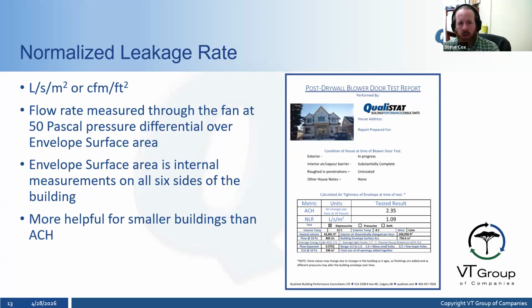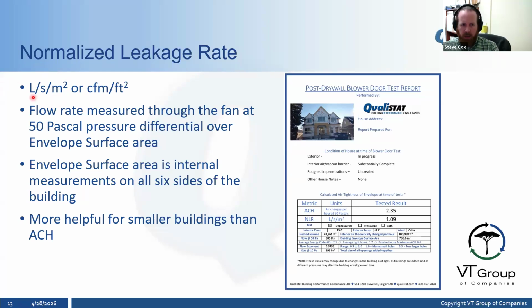Finally, we have a normalized leakage rate. Okay, so this is our NLR number here that I showed you, the 1.09 on this one. So it's liters per second per square meter of envelope area, or CFM per square foot of envelope area. Here at our office, we're defaulting to the liters per second per square meter, because that's how it's laid out in the code.